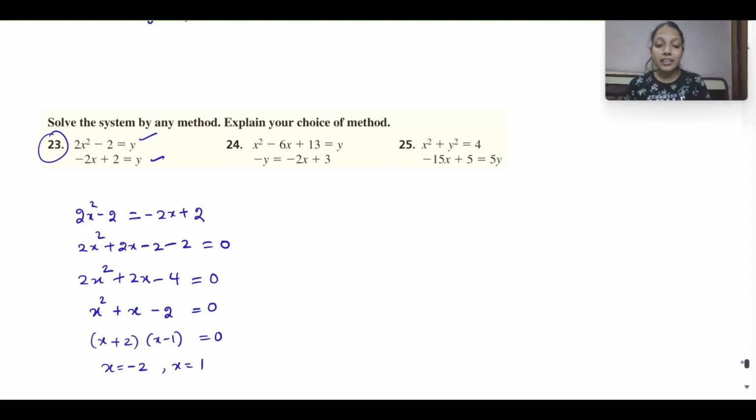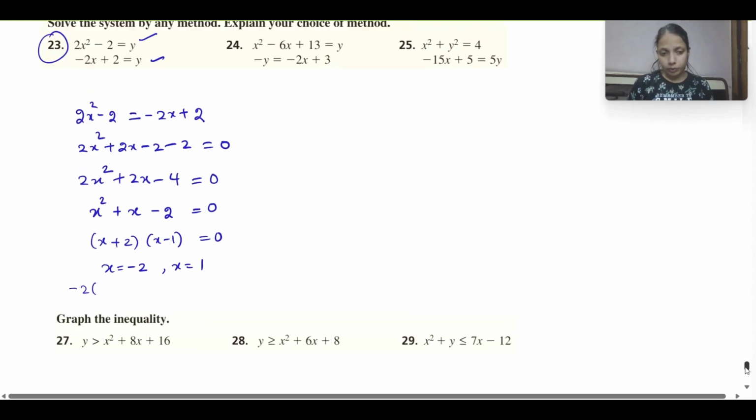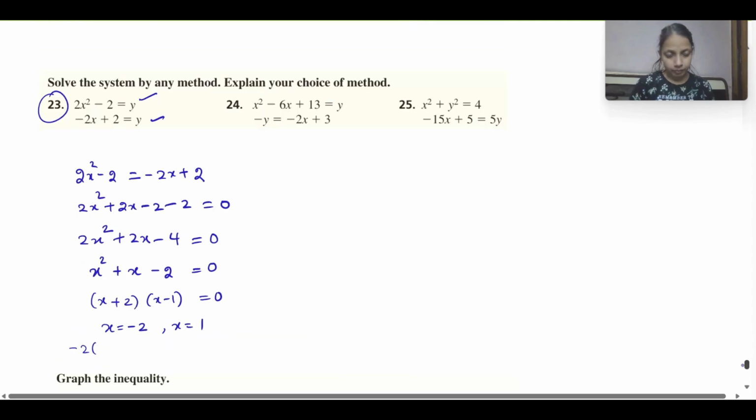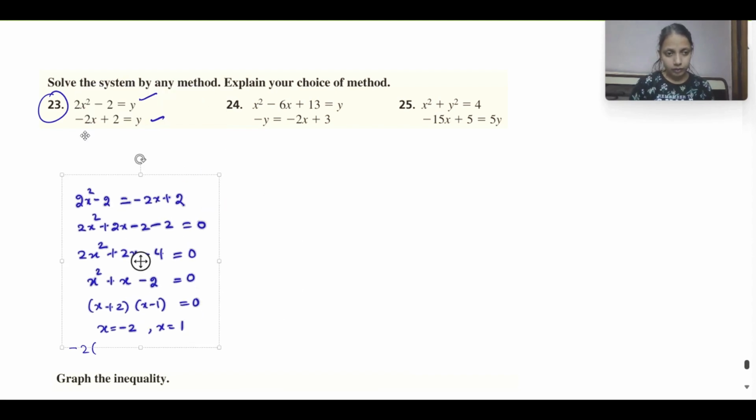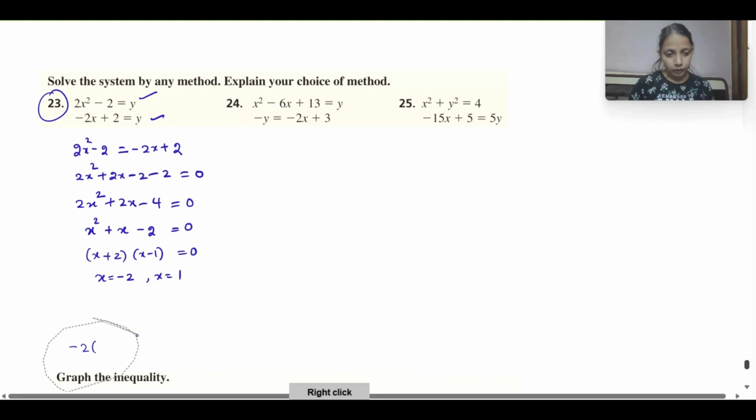As you get the two values of x, you will get two values of y as well. Substitute x as minus 2 in any of the functions. I'm substituting in the second. Minus 2 times minus 2 plus 2.